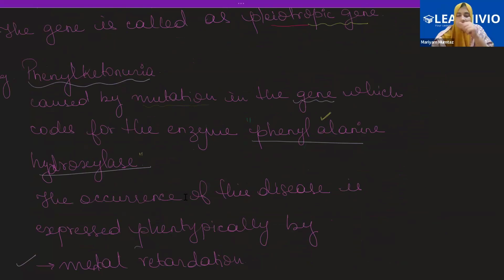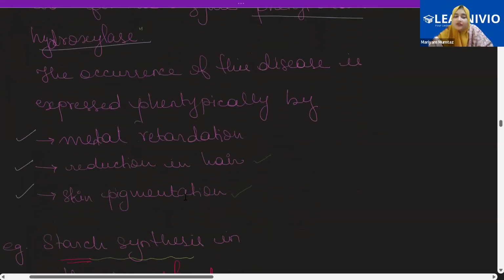Now, normally, this enzyme phenylalanine hydroxylase breaks down the phenylalanine into a different amino acid, tyrosine. But here, because of the lack of this enzyme, a person suffers from various problems such as mental retardation and reduction in hair and skin pigmentation.